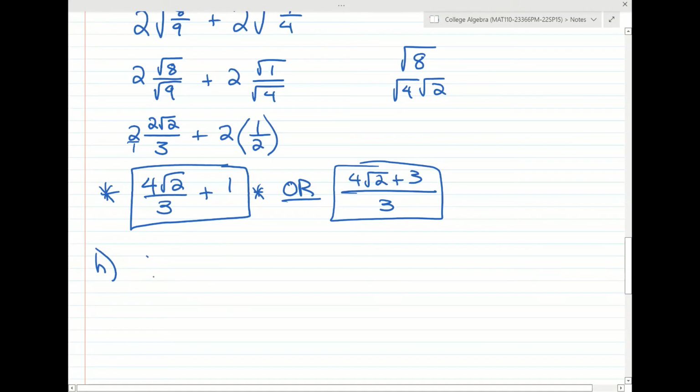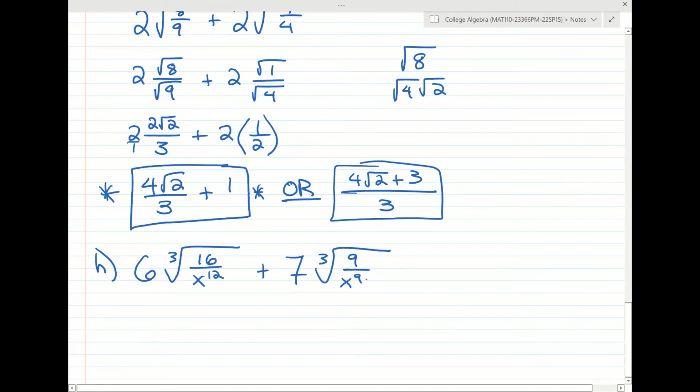What if we had 6 times the cubed root of 16 over x to the 12 plus 7 times the cubed root of 9 over x to the 9?